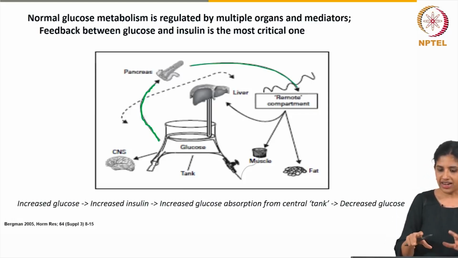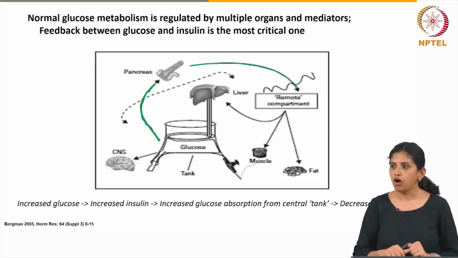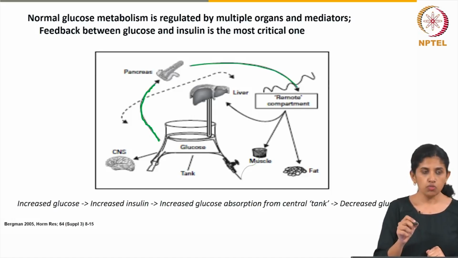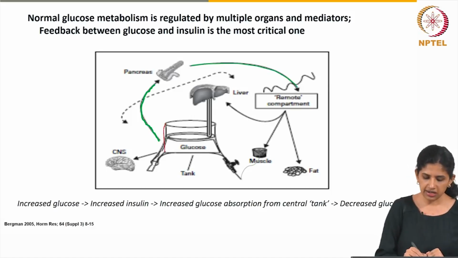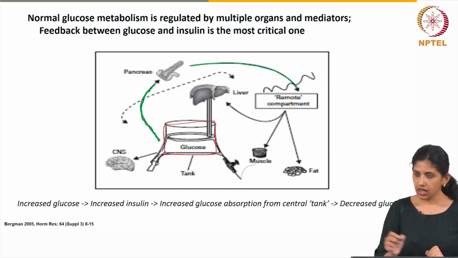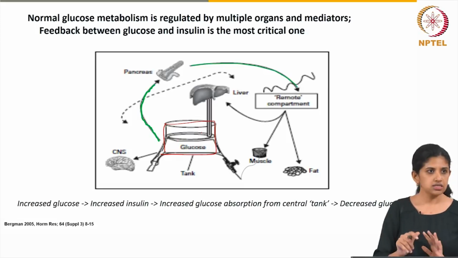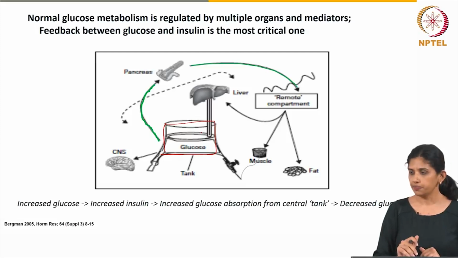In order to do that, we will be spending a little bit of time on this picture here today. We were talking about too much glucose. Think of the central compartment of the body, the plasma compartment, as this tank. It should have an appropriate amount of glucose. If the glucose in this tank is too much, that is what you want to avoid chronically.